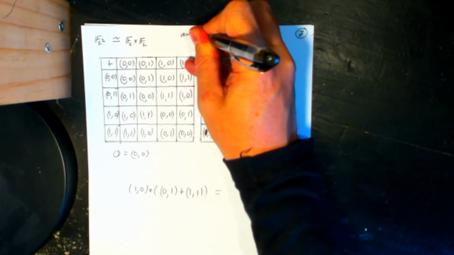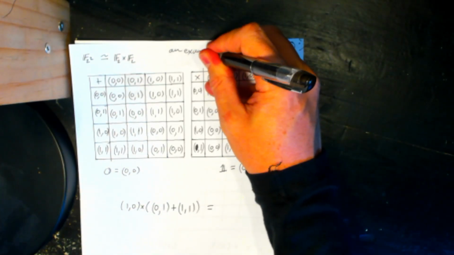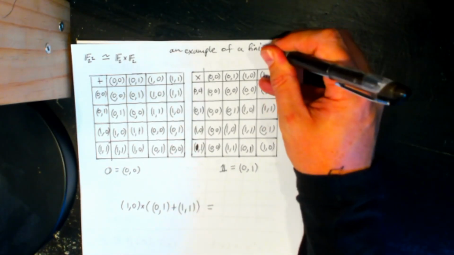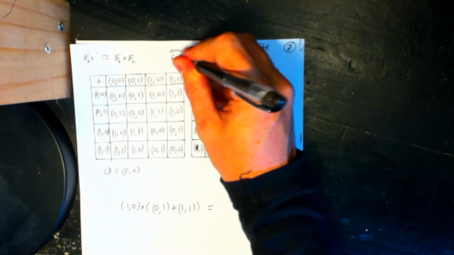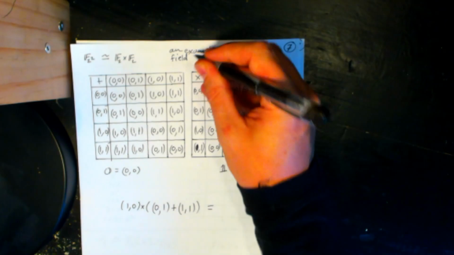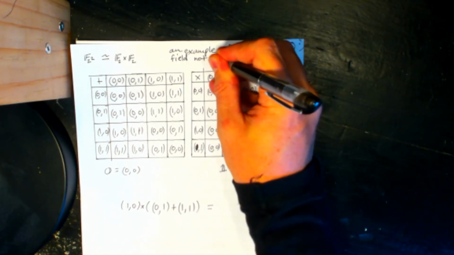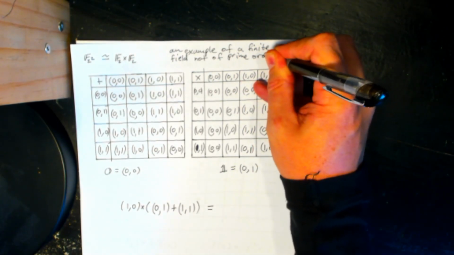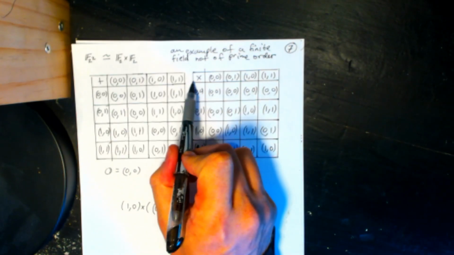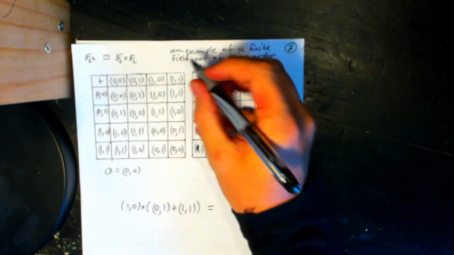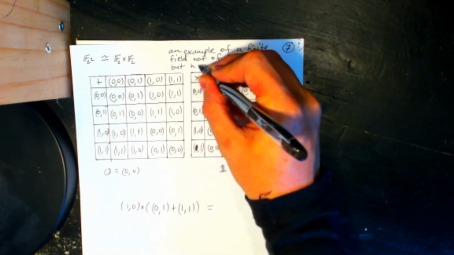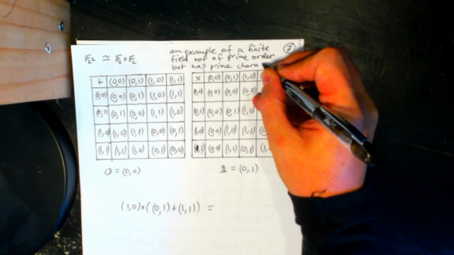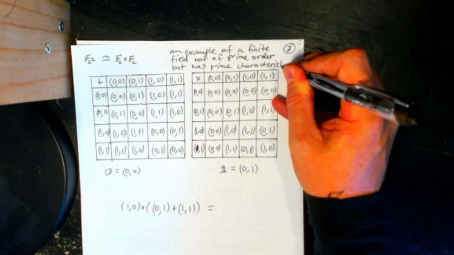So an example of a finite field not of a prime order. Okay, so here we've got order 4, so 4 elements, but has prime characteristic.